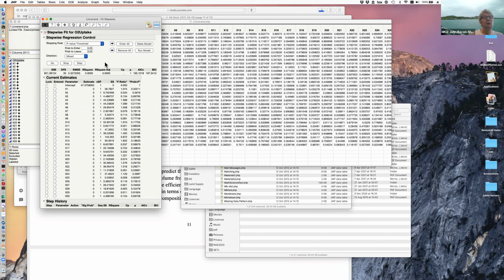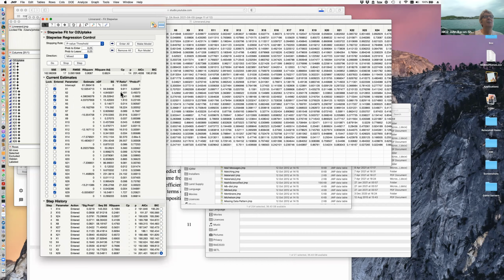If we say, please go off and find a model, you will see that it's actually found a model with 13 variables, 13 out of our 30. In fact, you may get a slightly different answer because you may not have quite the same data set as me, but at least we have quite a large number of x's in our model.